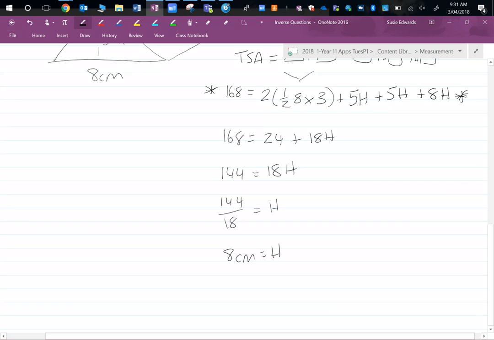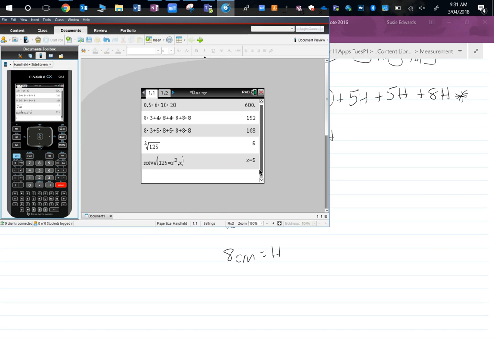However, this is going to be a question which is in your calculator section. So easier to actually just put it into your calculator. So we plug this in.